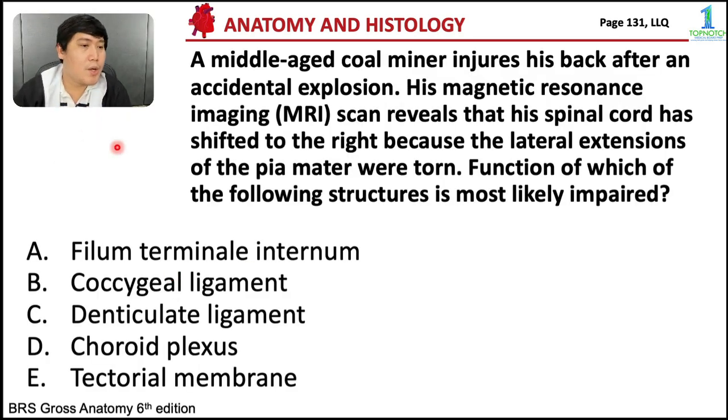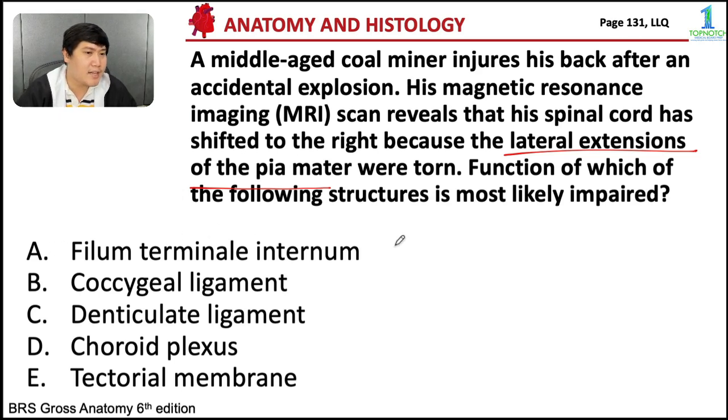Okay, next question. A middle-aged coal miner injures his back after an accidental explosion. His MRI reveals that his spinal cord has shifted to the right because the lateral extensions of the pia mater are torn. So function of which of the following structures is most likely impaired?